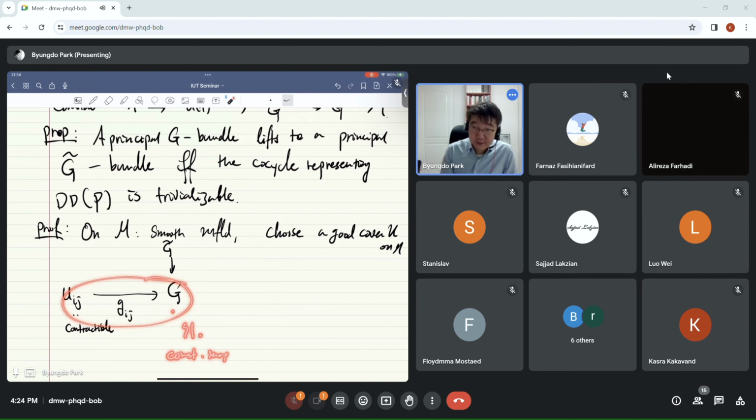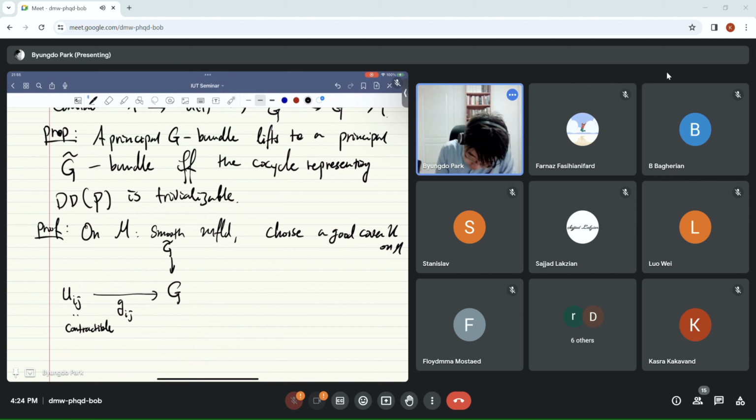Okay. So then note that this U(1) goes to G twiddle, goes to G. This is a fibration. And what is a fibration? It is a continuous map such that it satisfies the homotopy lifting property.